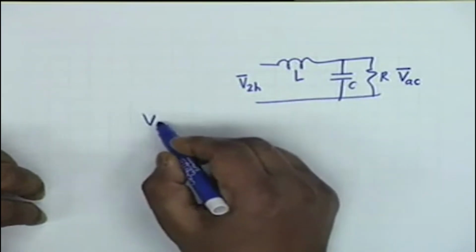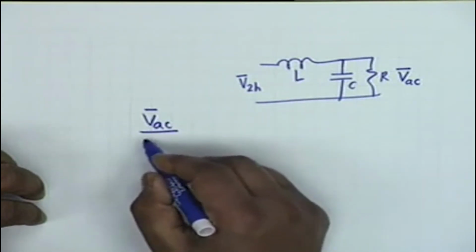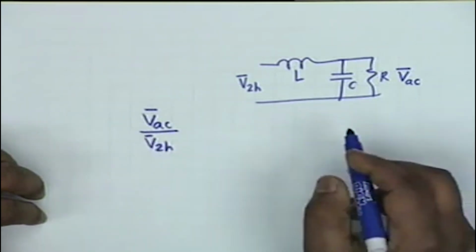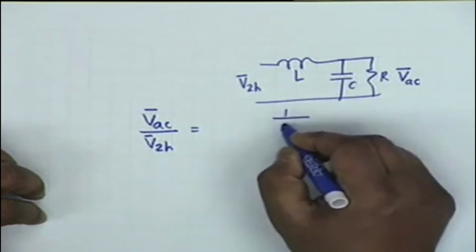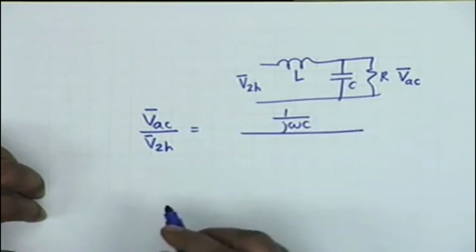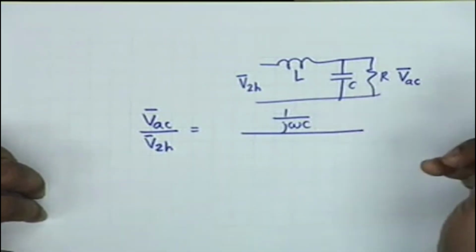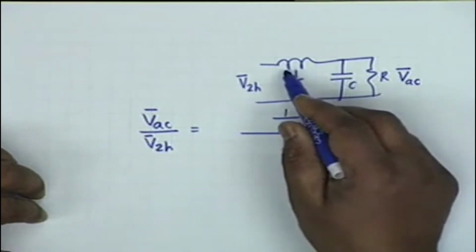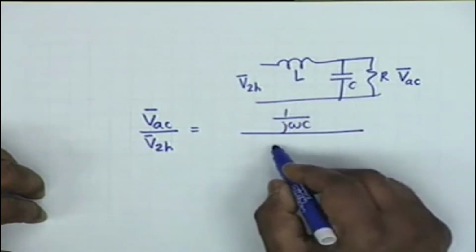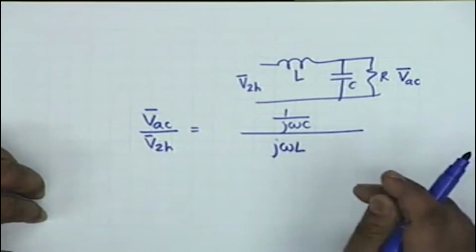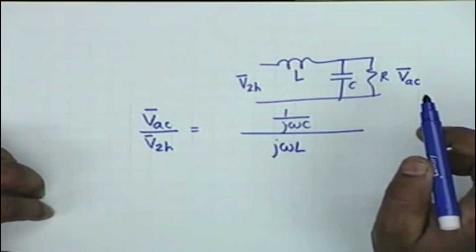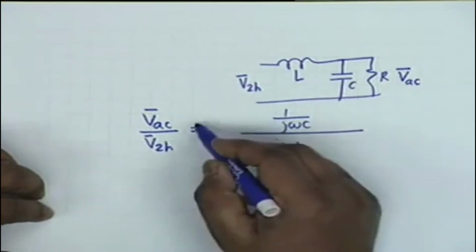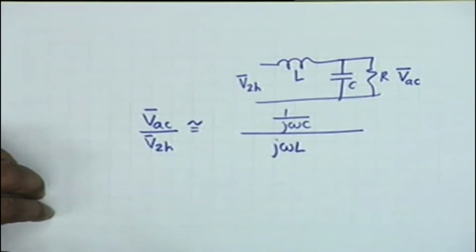Then obviously the ratio of the two, VAC over V2H, shall be equal to the impedance of this, which is approximately 1 by j omega C. Why? Because capital R was much larger, divided by the total impedance. Total impedance is j omega L plus 1 over j omega C, but we have assumed that omega L is much larger than the impedance of the capacitor.